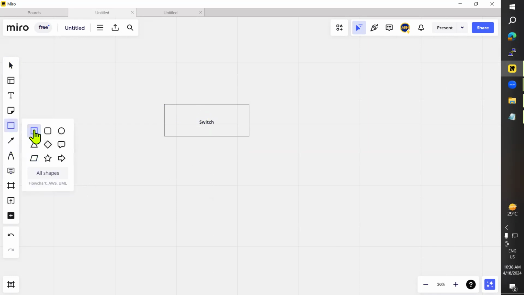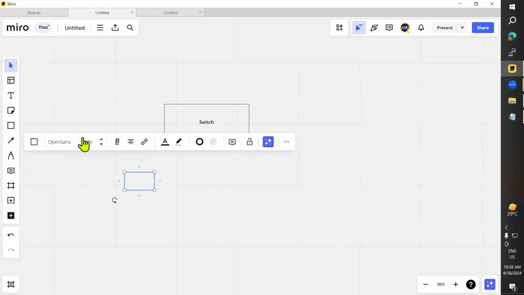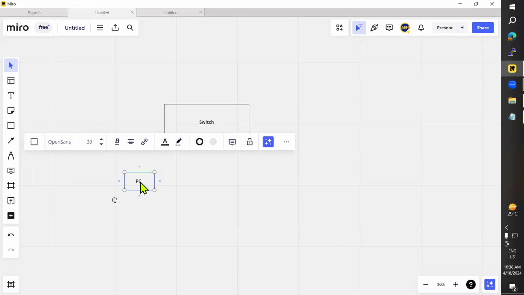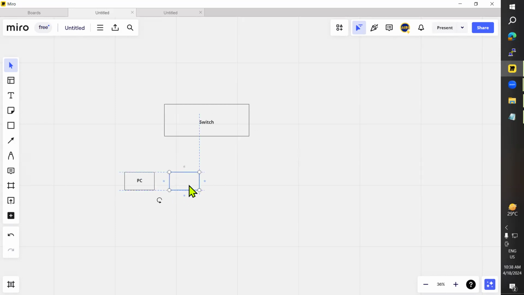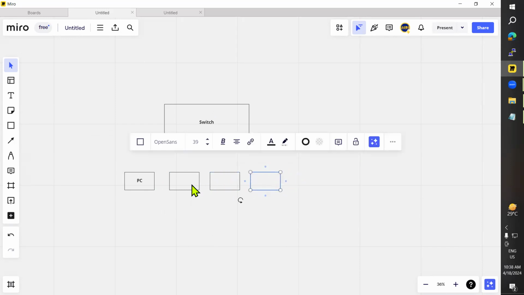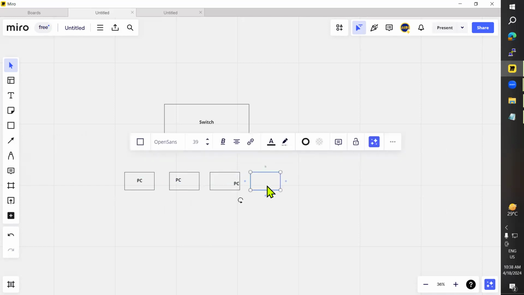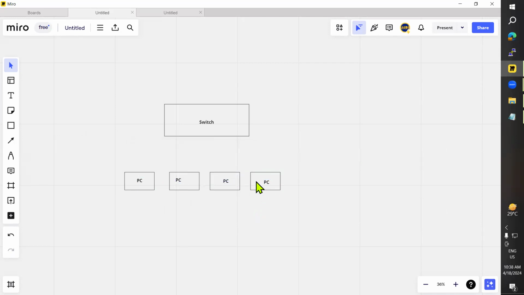All the computers in the network, let's say these boxes are computers, PCs. Likewise, we have many PCs in the network. So what do the switches do?